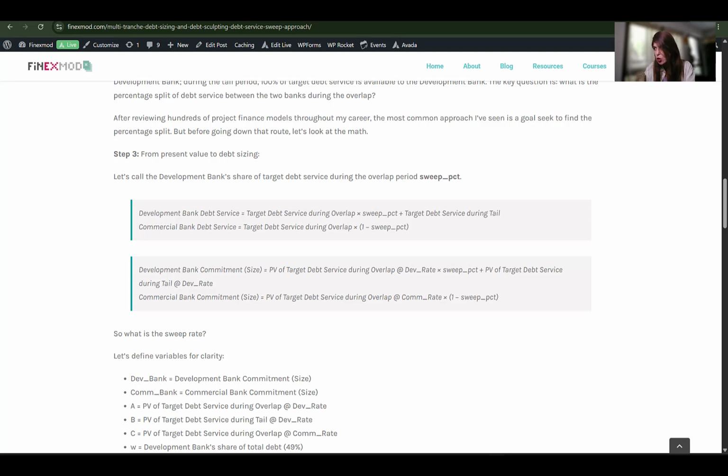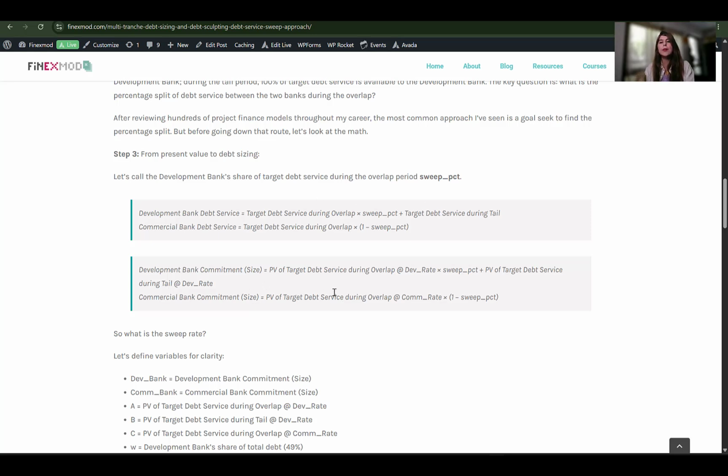And for the commercial bank, the sizing will be equal to the present value of its share of the cash of the target debt service during the overlap, discounted at its own interest rate, the commercial bank interest rate, which is in this case 10%.